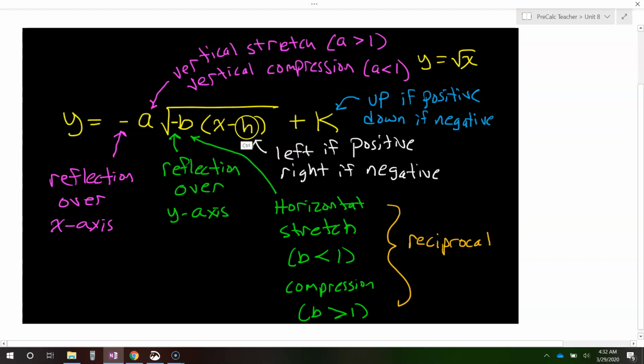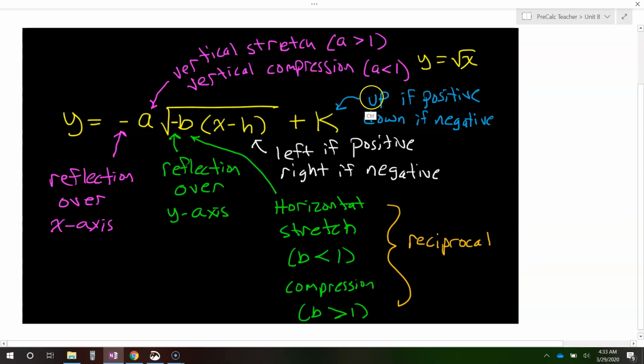Anyway, if there is an h value present, that's going to shift the graph left or right. And again, it's the opposite of whatever it looks like. So if this is a negative number, it's actually going to move you to the right. And if this is a positive number, you're going to move to the left. Finally, if you have a number in the k position, this controls whether the graph will move up or down.